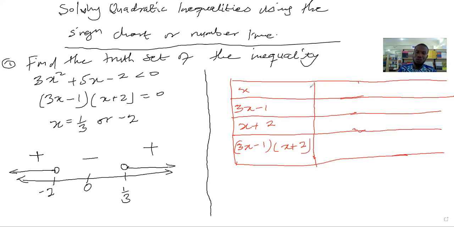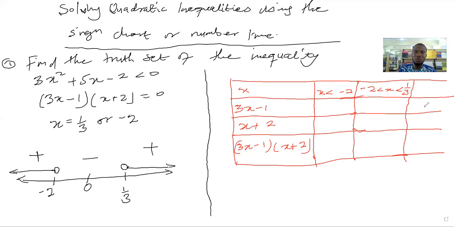Good. So here, this region, we have all numbers less than -2. So that will be x less than -2. Then in this region, we have numbers between -2 and 1/3. So that is -2 less than x less than 1/3.